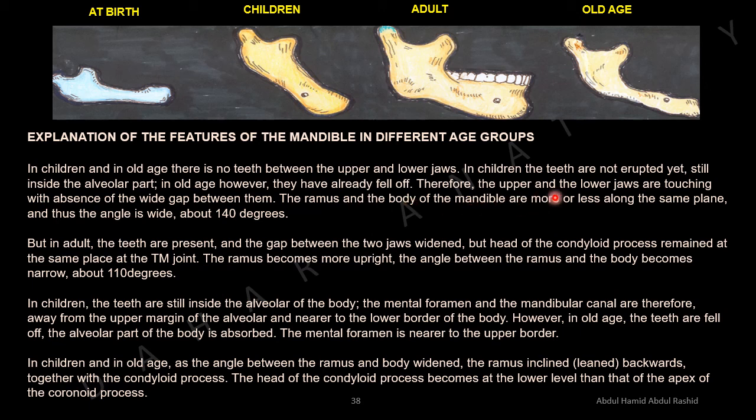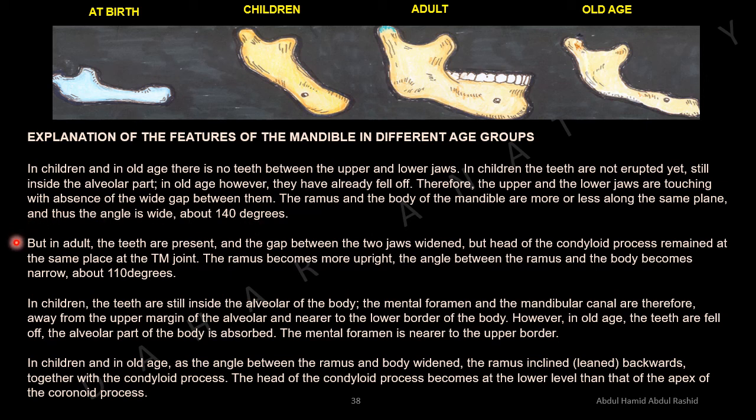Therefore, the upper and lower jaws are touching, with absence of a wide gap between them. The ramus and the body of the mandible are more or less along the same plane, and thus the angle is wide, about 140 degrees in children and in old age.